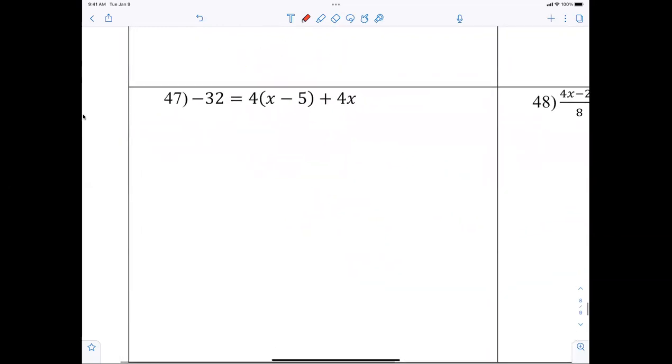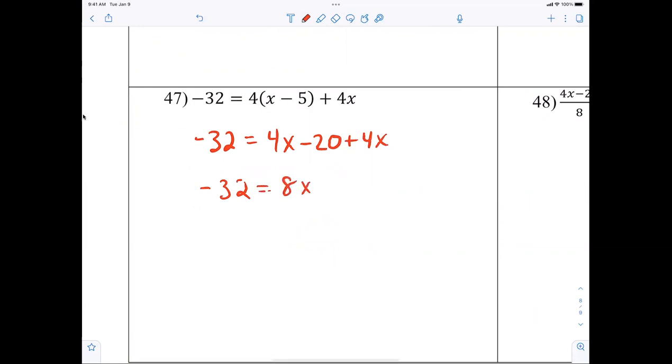All right, let's knock out 47. So you distribute the 4x, and then it would be 4x minus 20, and then plus 4x. Now what? Then you would combine the 4x's together to make 8x minus 20. And you have to add 20 to 32, which is? 12.